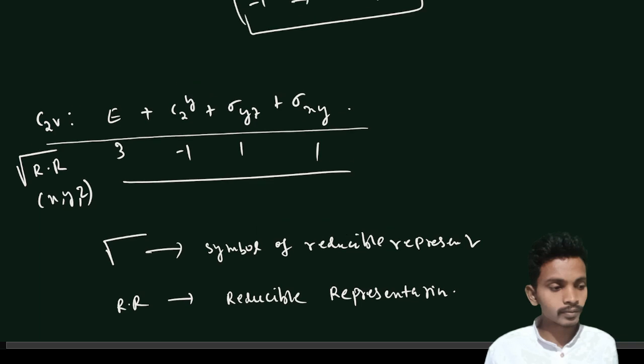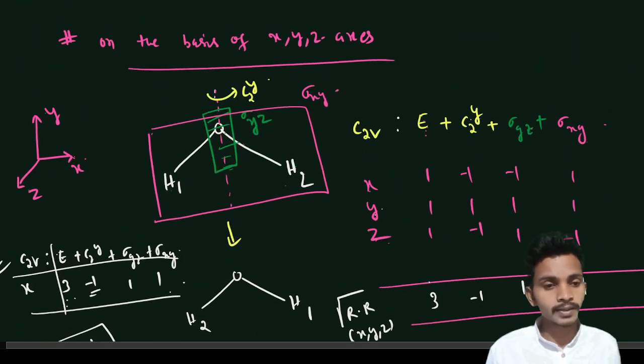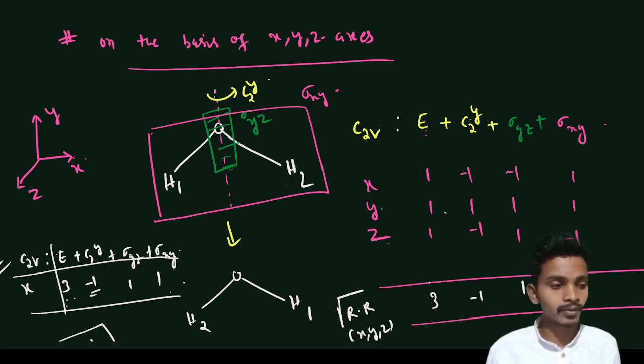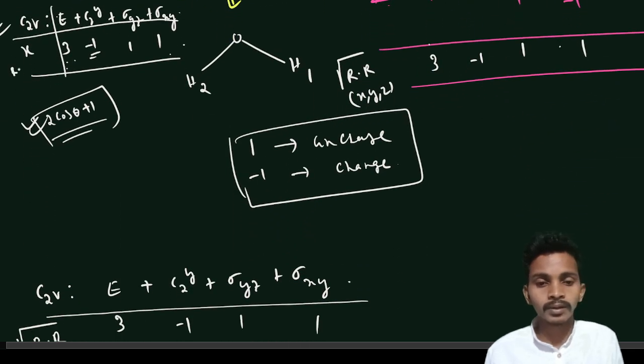Okay, so this is on the basis of XYZ axis we can do that. On the basis of XYZ, either we can do this, or we can directly put the characters of these values. Okay, so both ways you can do it. This is the representation on the basis of X, Y, Z axis.